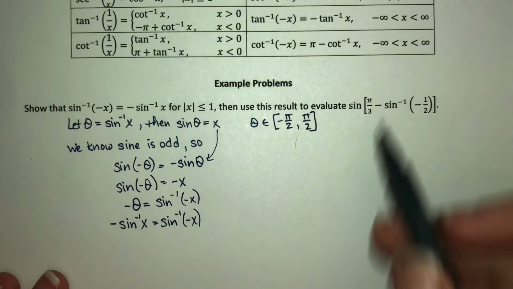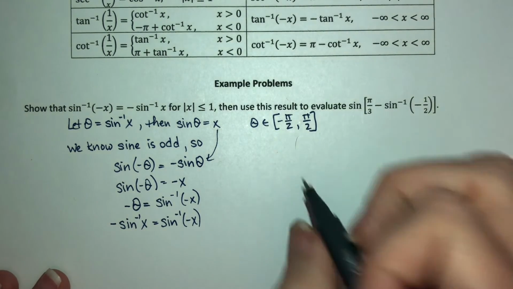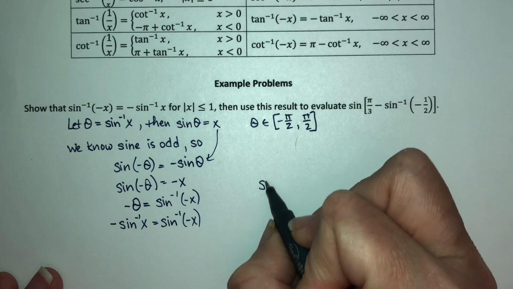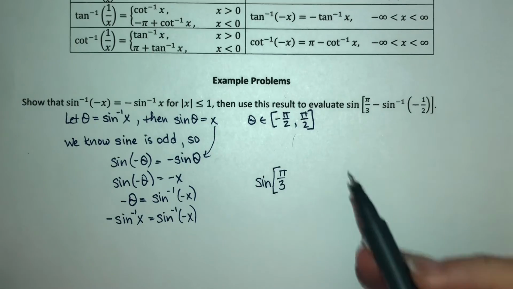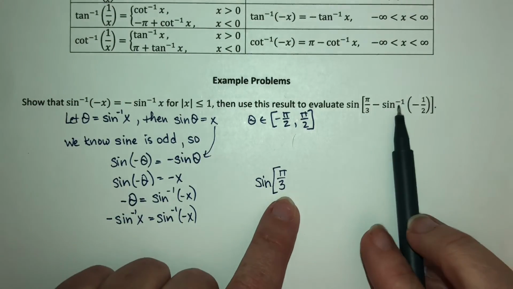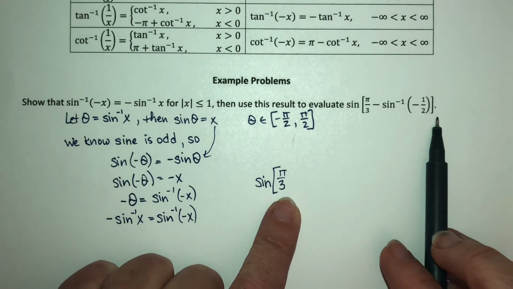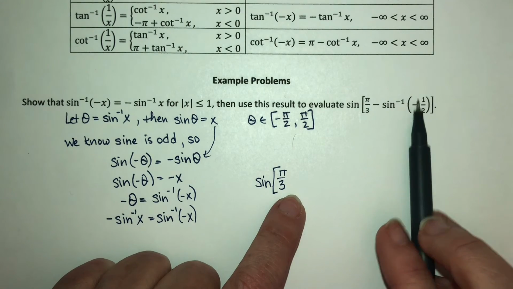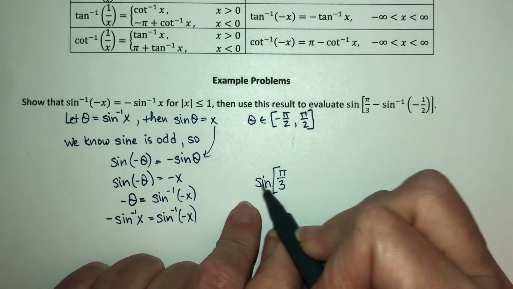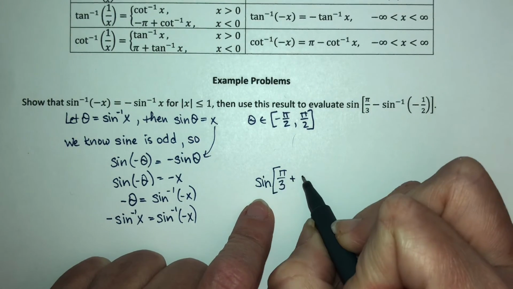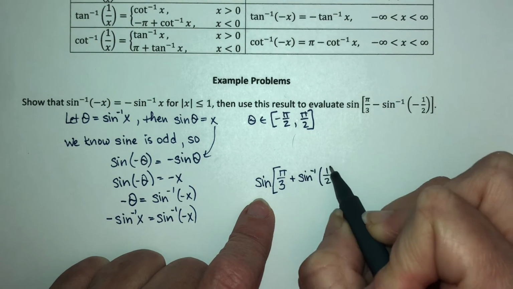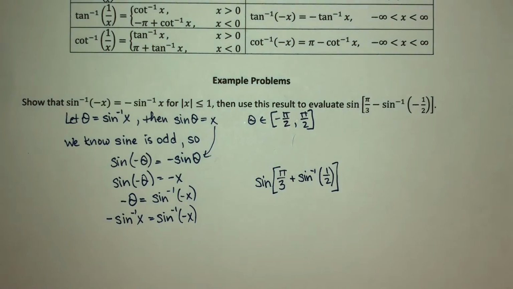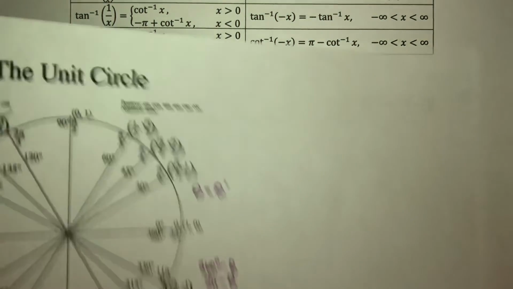Now let's use this to calculate sine of pi over 3 plus sine inverse of negative 1/2. We've just shown that you can take this negative and move it into the front. So this is sine of pi over 3 plus inverse sine of positive 1/2. What is inverse sine of 1/2?